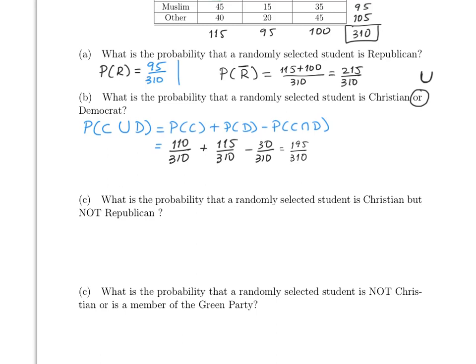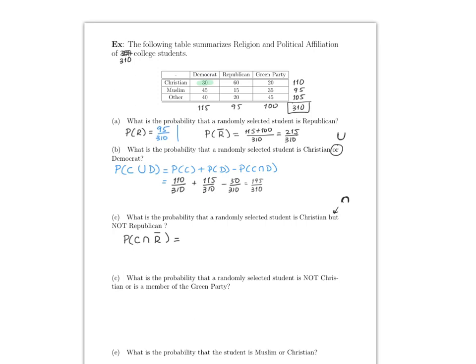Next one says, what's the probability that a randomly selected student is Christian, but remember that but is also the sad face, but the person is not Republican. In this case, there's no need to use the happy face formula. All you have to do is look at the table.